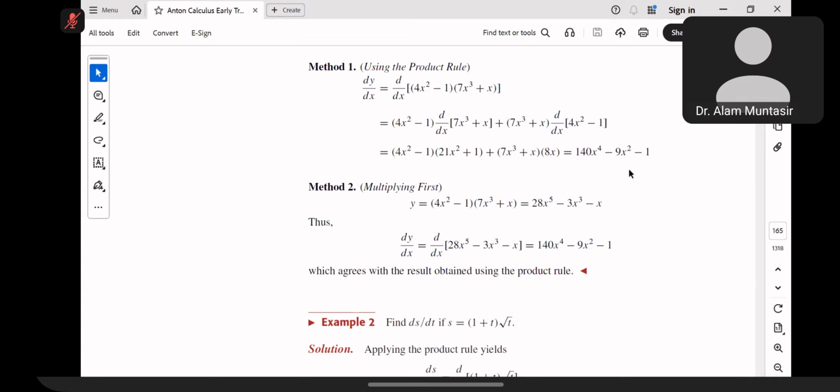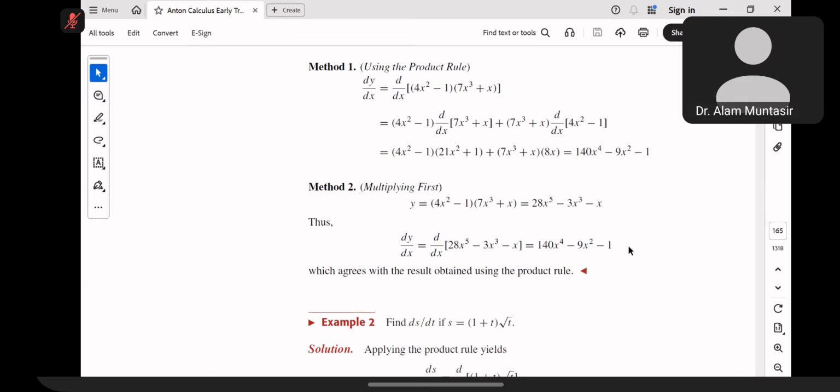Okay, so this is all about the product rule. You can solve the same problem using multiplication. First, multiply the two functions and you will get a polynomial function, and then apply the differentiation rule to get the result. But remember one thing: if you are asked to use the product rule, you must use the product rule.